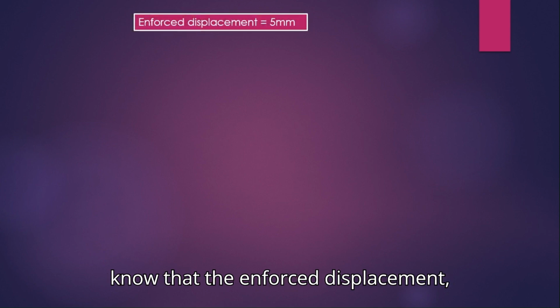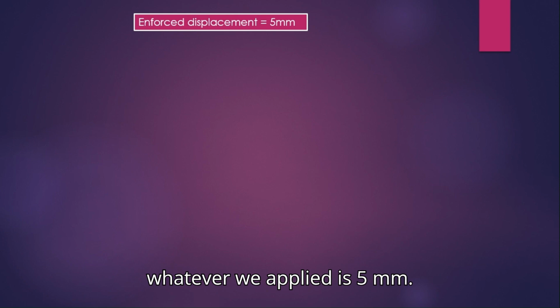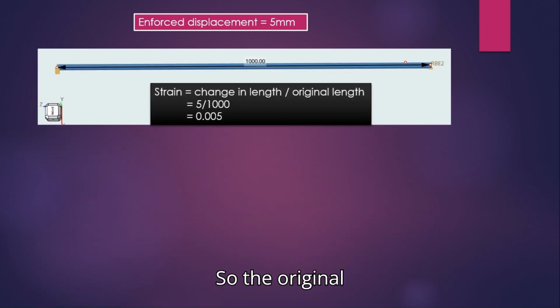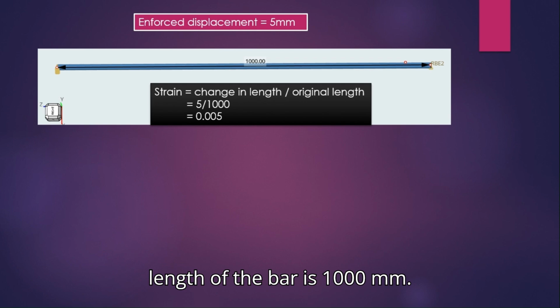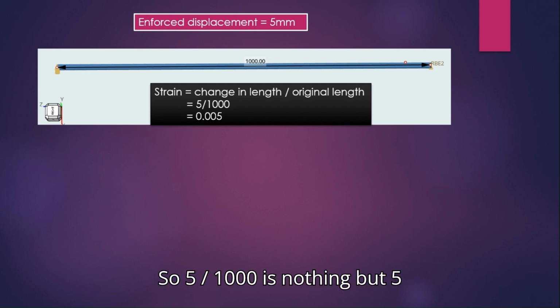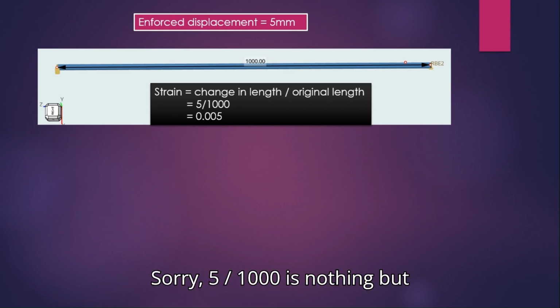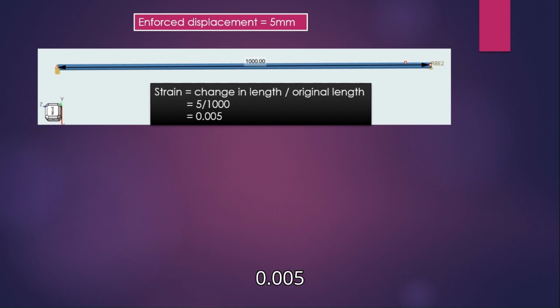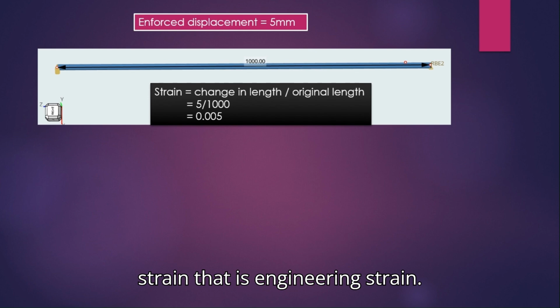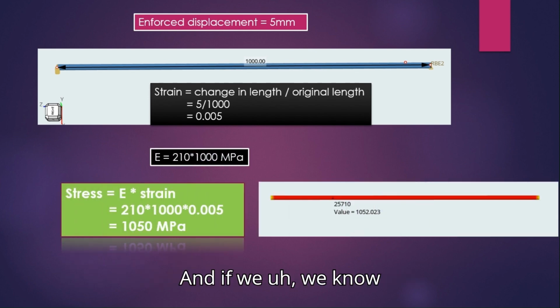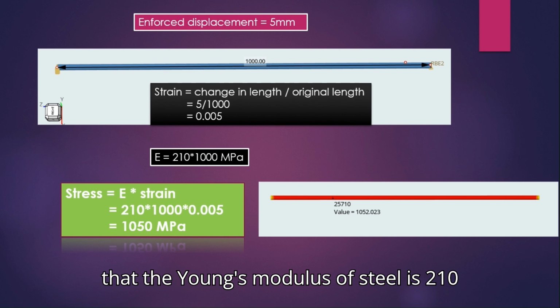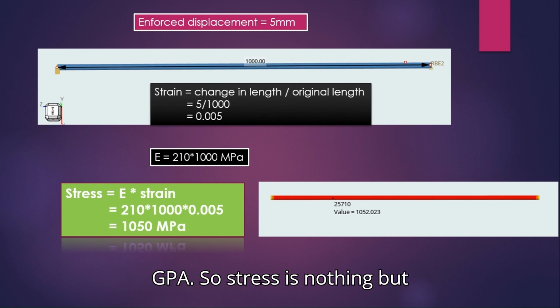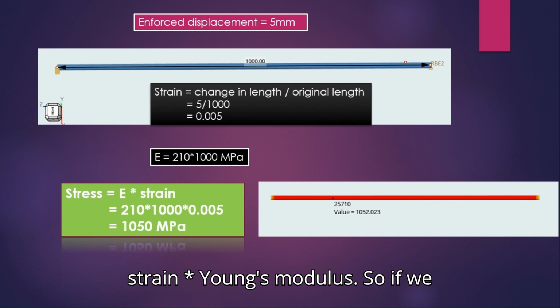Now coming to the validation part, we know that the enforced displacement we applied is 5 mm. The original length of the bar is 1000 mm. So 5 divided by 1000 is 0.005 strain, that is engineering strain. And we know that the Young's modulus of steel is 210 GPa, so stress is strain times Young's modulus.